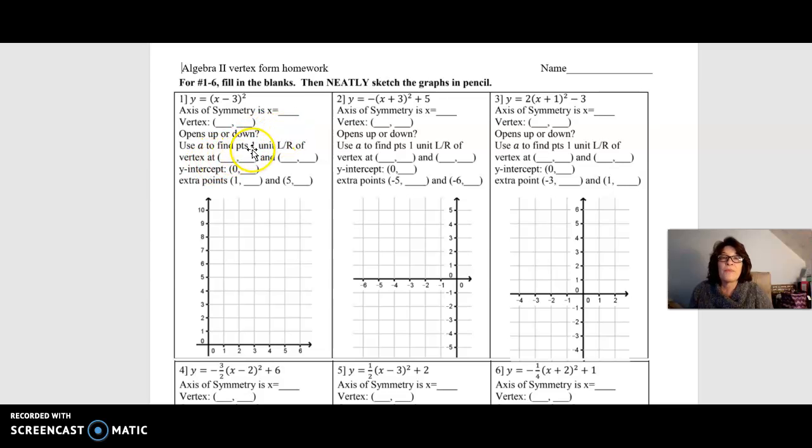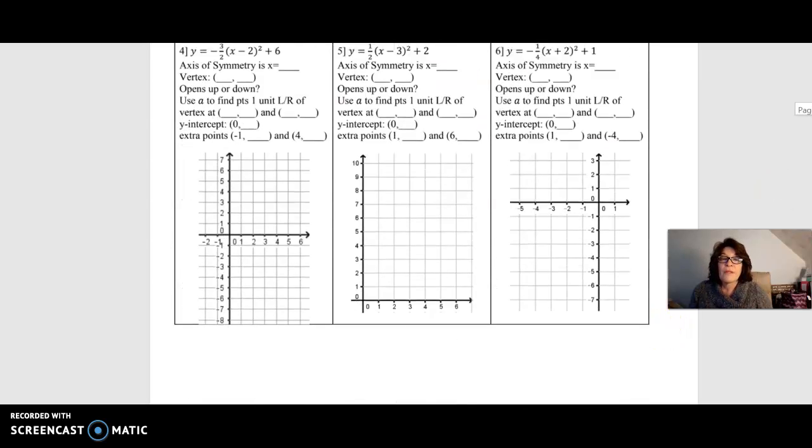Use a to find points on either side of the vertex. It doesn't have to be one unit, just on either side. These are some other points. The y-intercept is where you put 0 in for x, and then some extra points. I'm giving you some x's and asking you to find some other points, and then I ask you to graph it. And again, you can use Desmos to help you.